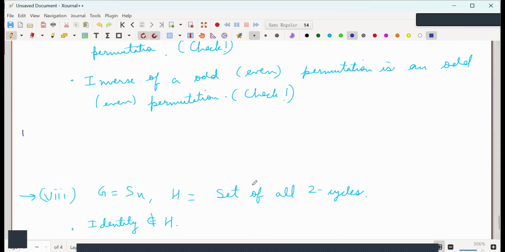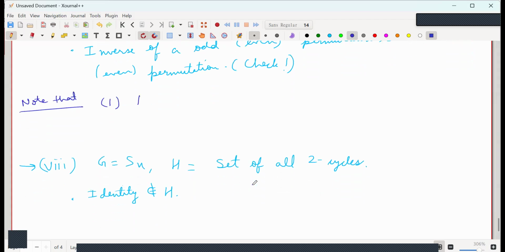So note that first, a product of an even number of even permutations, here I can use this even-odd trick.